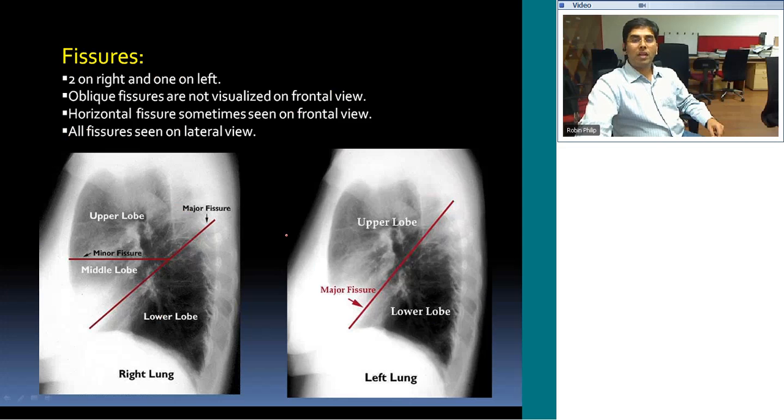Next, move on to the fissures. In the lung we have one oblique and one minor fissure on the right, whereas on the left we have only one oblique fissure. These fissures are usually not seen on frontal or PA radiographs because of the angle at which they are located.